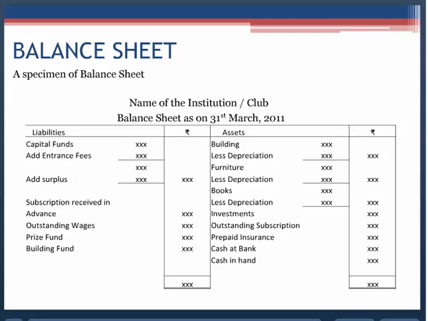On the assets side we have building less depreciation, furniture, books, investments, prepaid insurance, outstanding income, subscription, cash at bank and cash in hand. And we all know that it's a universal rule which says the balance sheet must tally. It has to tally. Every question that we solve has to tally, guys. Are we understanding it? That's the balance sheet, and this balance sheet is prepared in the order of permanence. Clear? Cool.